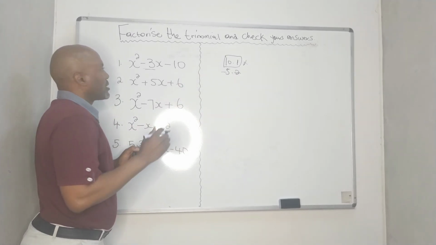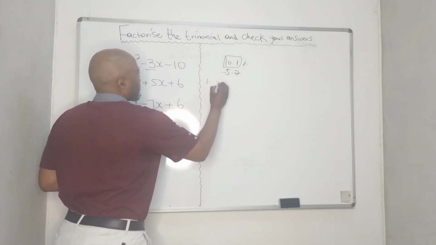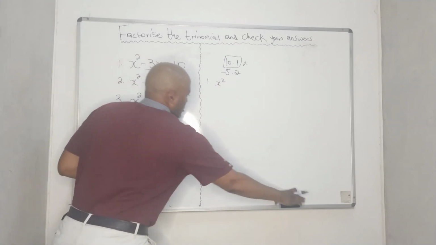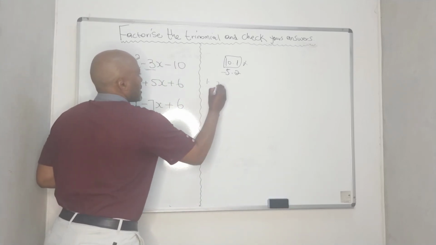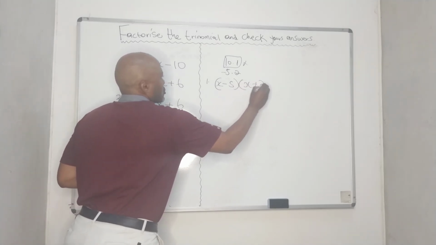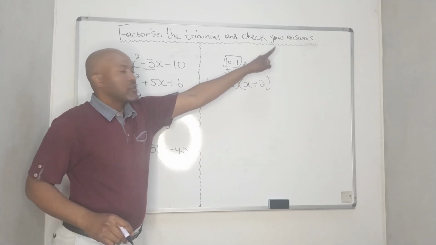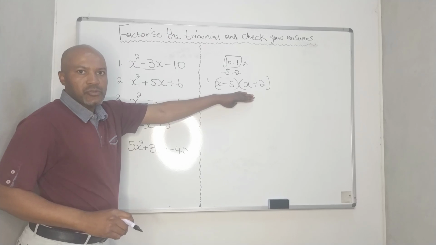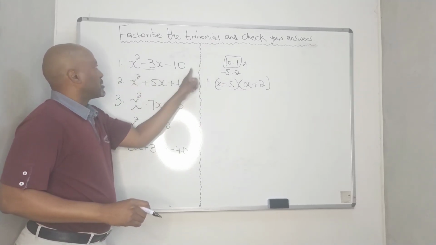So it means the factors will be x minus 5 and x plus 2. But now the question says check your answers. So we need to check that if we multiply the two terms, are we going to get this expression?